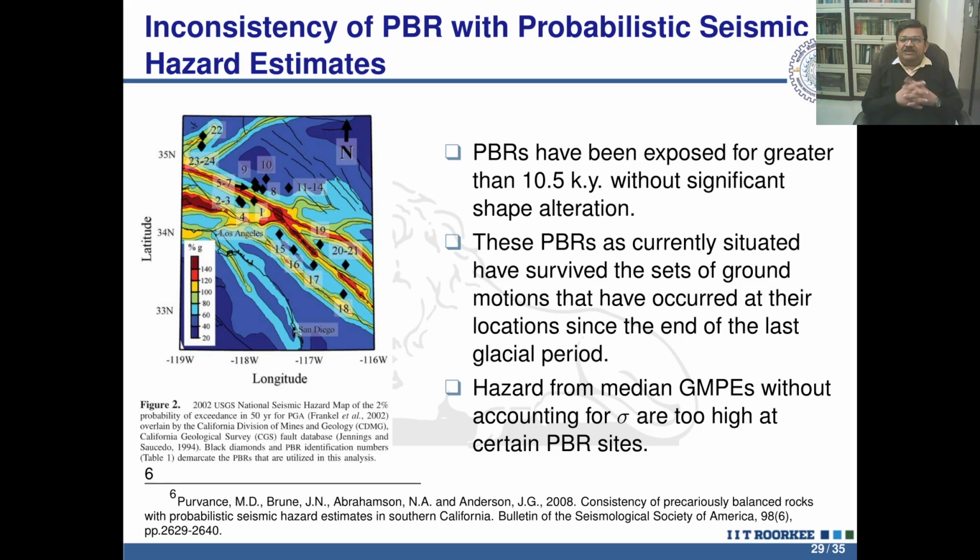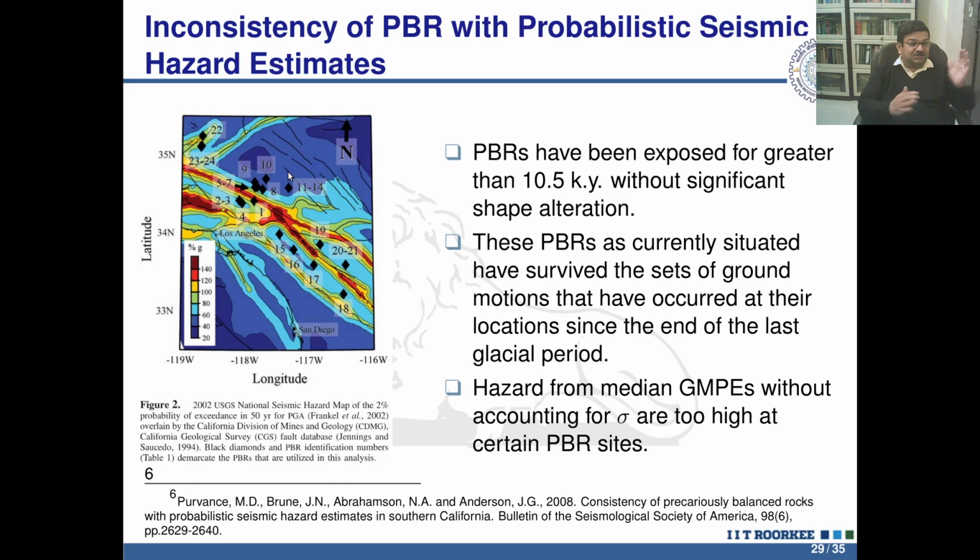And these precariously balanced rocks, as currently situated, have survived the set of ground motions that have occurred at their location since the end of the last glacial period. And so much so that the hazard from the median of ground motion prediction equations, without accounting for the scatter, even the median values are too high at certain PBR sites.